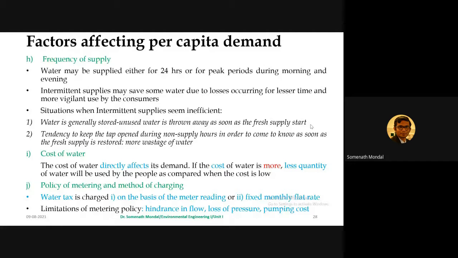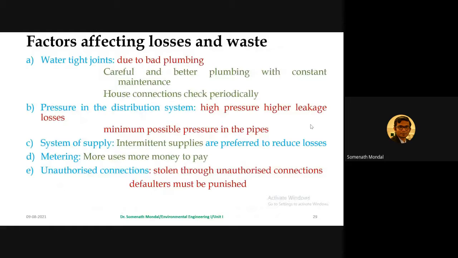Okay, fine. Now we have several other aspects which are also a big problem, so we are now going to talk about them. Factors affecting losses and waste.